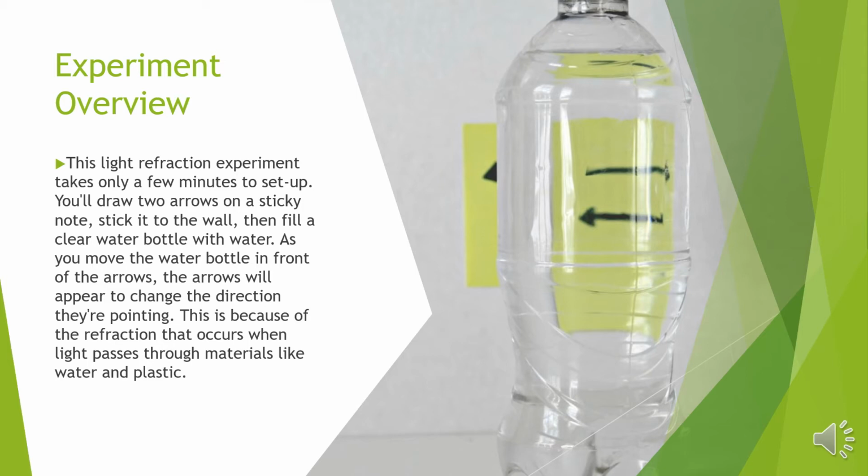This is because of the refraction that occurs when the light passes through materials like water and plastic. So please look at it carefully, and guys, you need to follow the steps precisely and carefully.